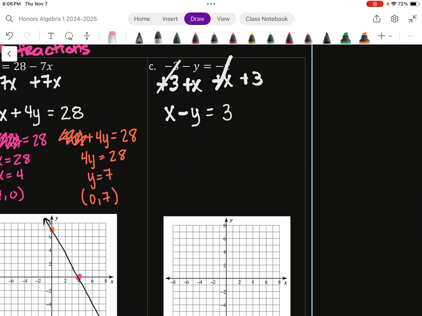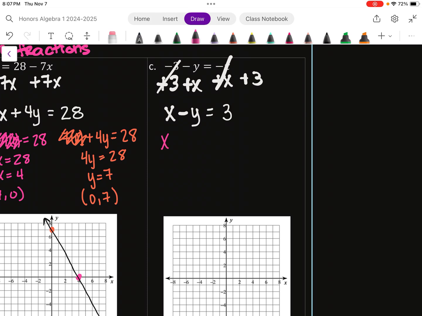Ooh, this is a nice and easy one because x and y have coefficients. A and b are essentially 1. Not essentially, they are.